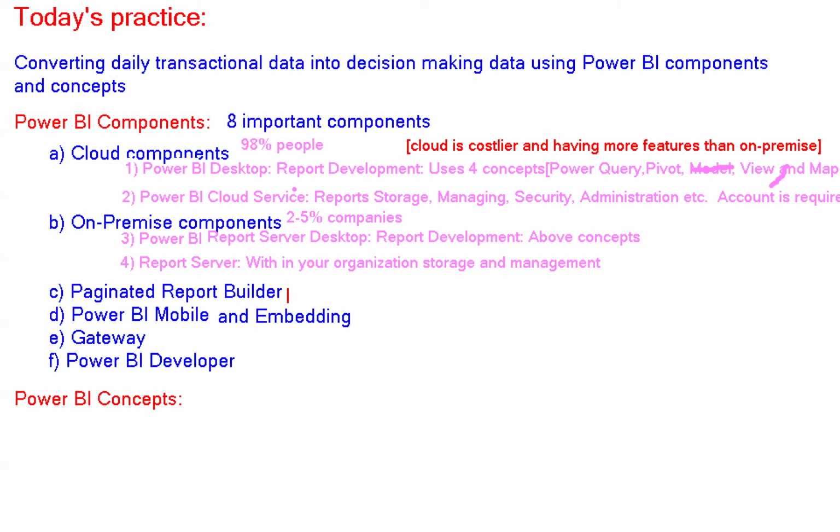Next one, Report Builder. What does it do? It is for paginated reporting, a special component. So what do we mean by paginated reporting? Report data is divided into multiple pages and each page is printable.